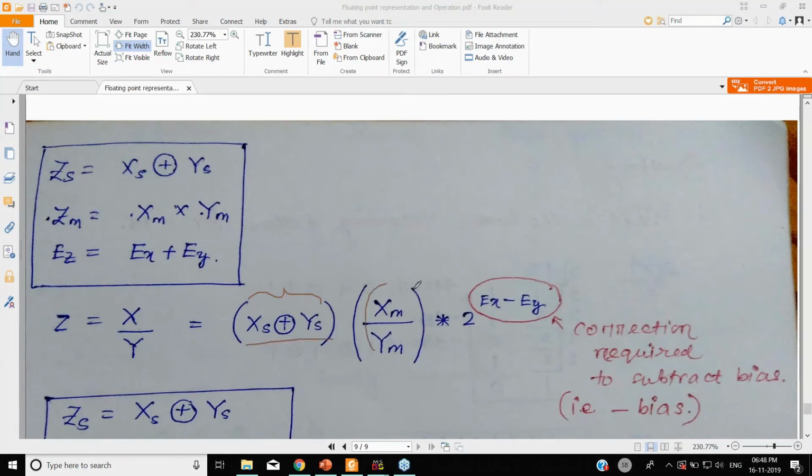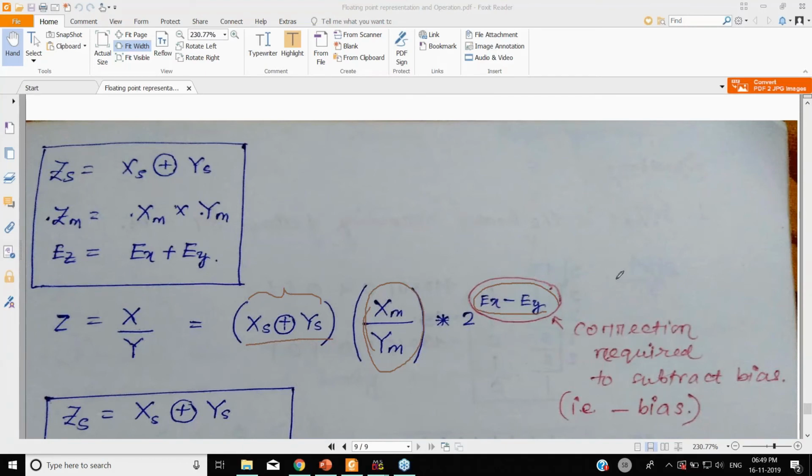The fractional part can be divided individually to get the fractional part of ZM, and the exponent can be subtracted. What was the exponent? Ex minus bias. Then for y we had Ey minus bias. So if you subtract them, the bias will get cancelled. So we'll have Ex minus Ey. But it doesn't have any bias here. So to do a correction, we need to add one more bias here.